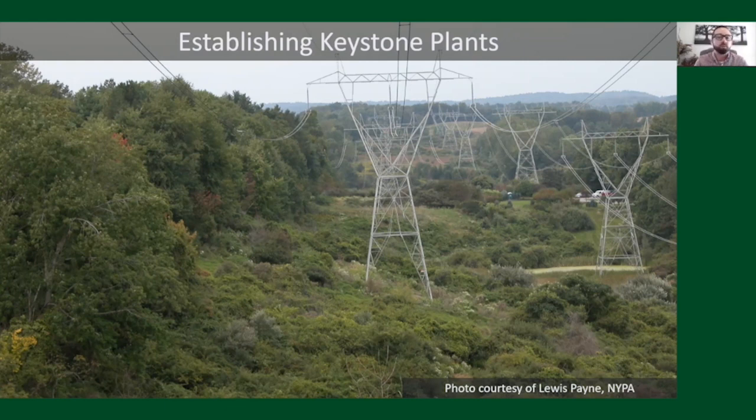One of the things that we can focus on early is establishing keystone plants. So keystone plants are those that have a disproportionately high support of trophic energy transfer. So basically, in a food web, plants are the primary producers. So these are the only organisms in an ecosystem, generally, that are capable of creating their own food. And our plants, as we know, through photosynthesis, take sunlight, carbon dioxide, and water and convert those into sugar.